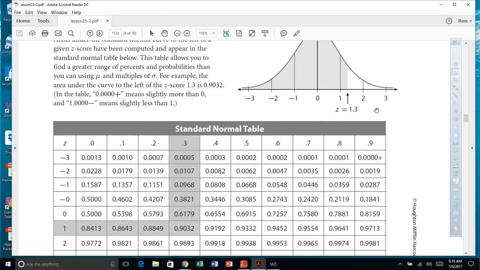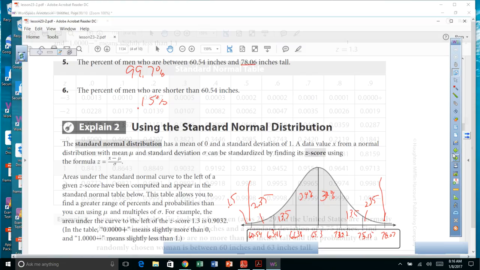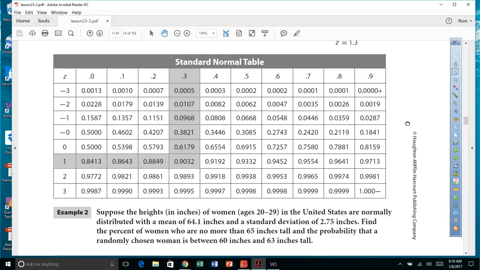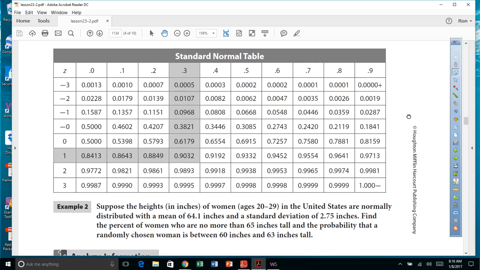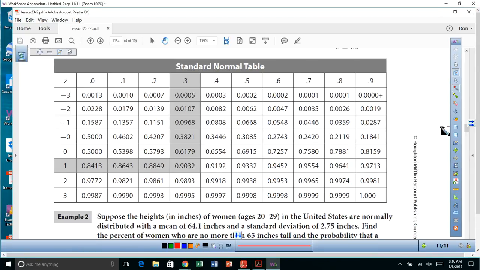So 1.3 would be right there. I want to get a picture of that because I'm going to have to come back to it. All right, I got a picture of it.